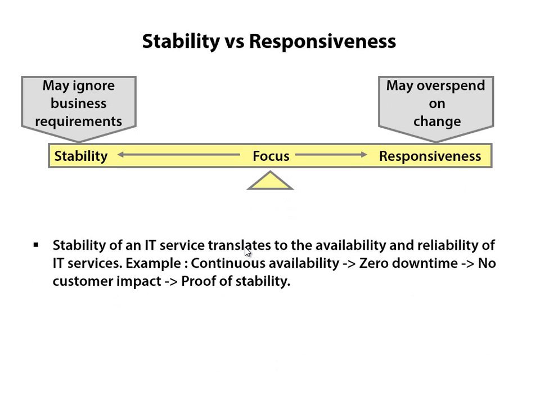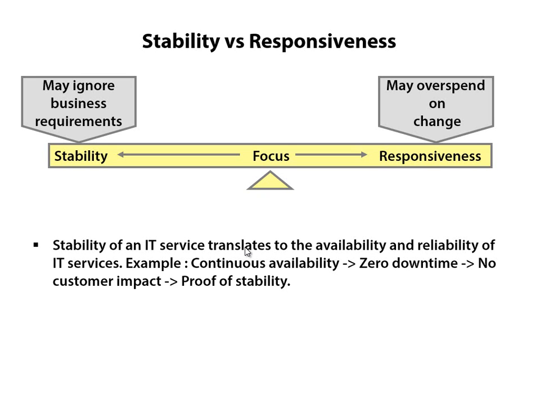The next balance equation that we intend to achieve in service operations is between stability and responsiveness. The design of IT services is evaluated on the basis of stability. Stability dictates the availability and reliability of an IT service.